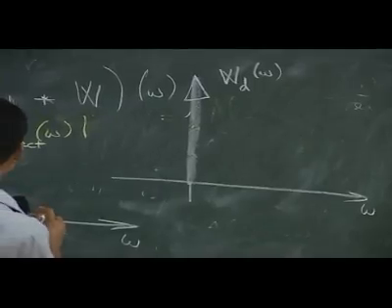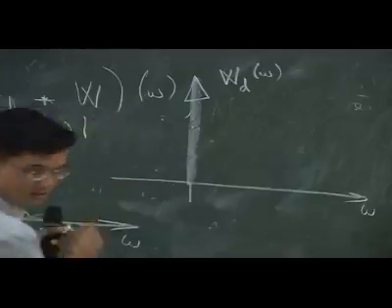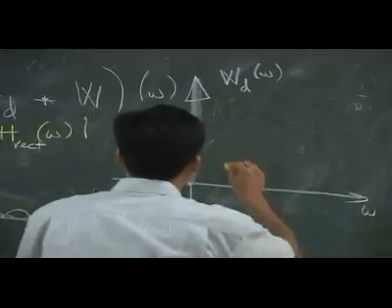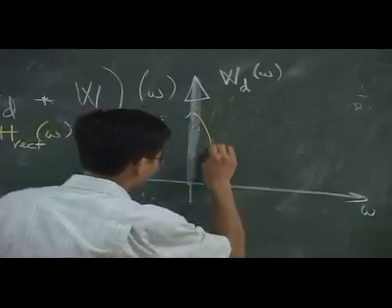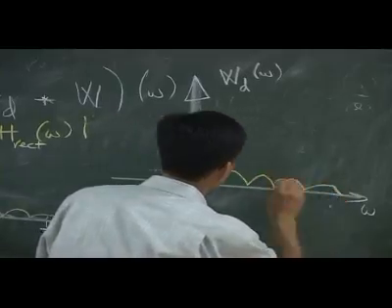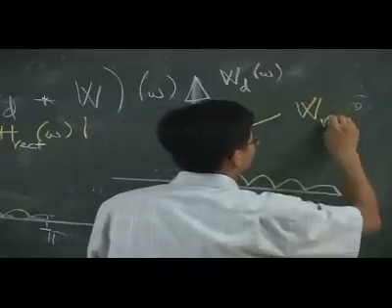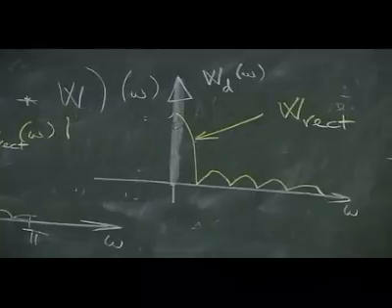The rectangular window, what color do you use? Yellow. So it has something like this. You're going to be going down here, but you're going to wiggle. So that is the W of the rectangular window. Okay, so that's why you see those wiggles here, when you convolve the two things.